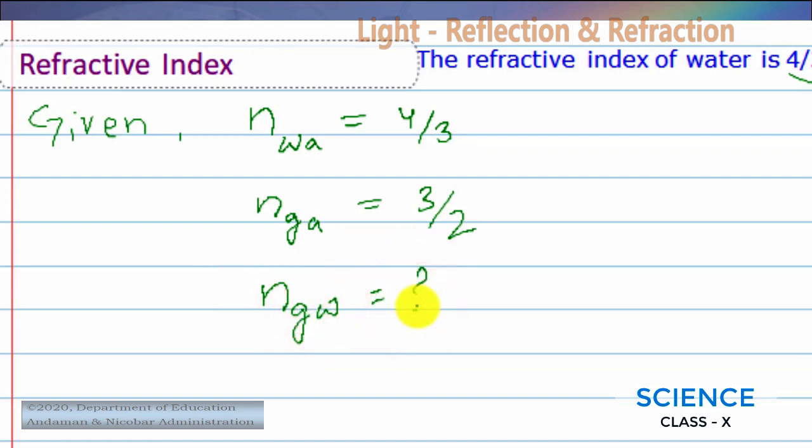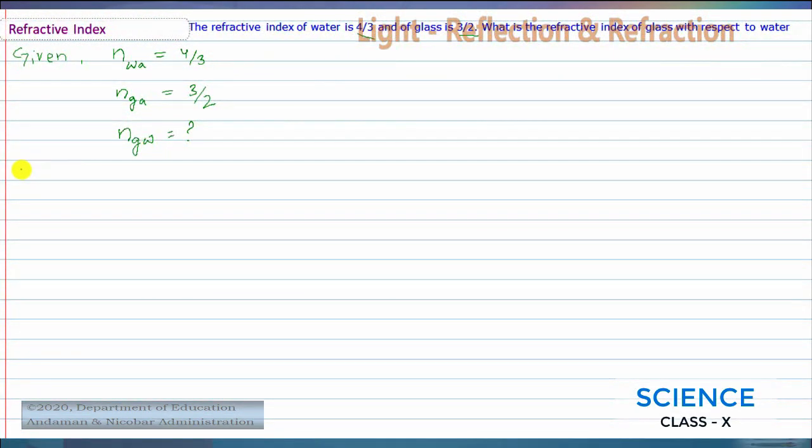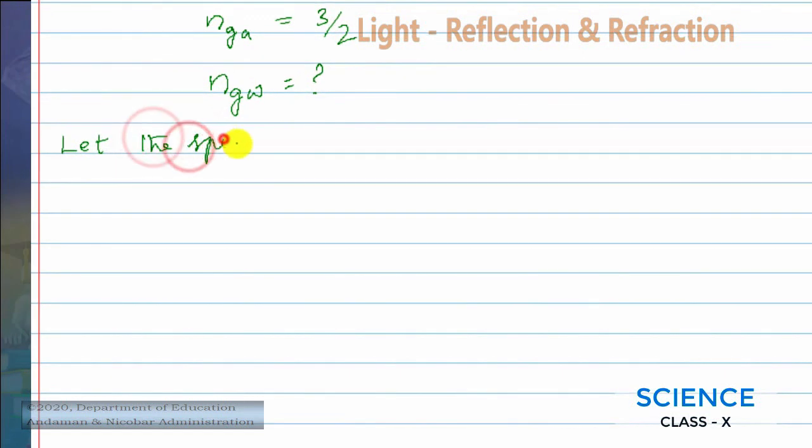How can we find it? Now let the speed of light in air be c.